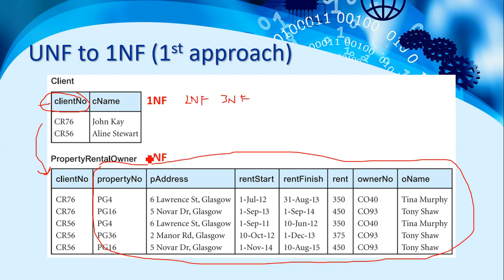Also, with this table, itetest mo rin if naka 2NF na ba to or 3NF. So, yung mangyayari is you're gonna have to test for more, no? Sa client, test mo kung is 2NF na ba siya or 3NF na ba siya. Sa itong table na to, i-test mo kung 2NF na ba siya or 3NF.